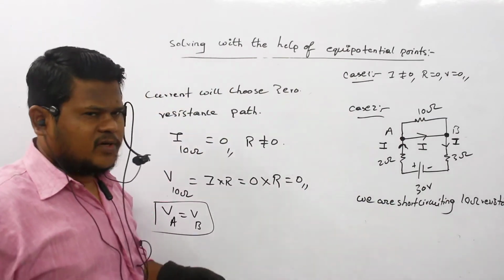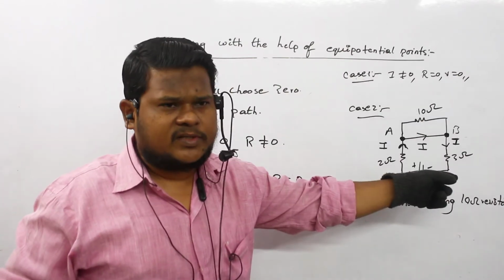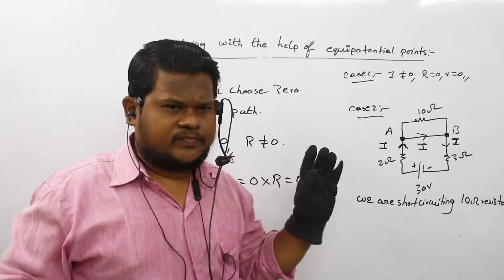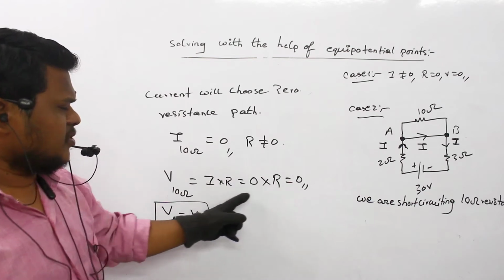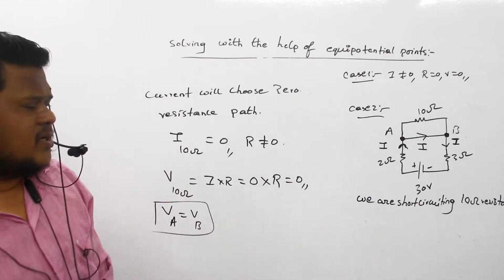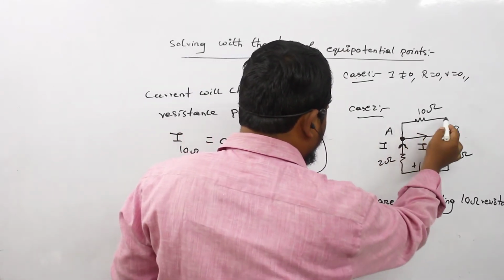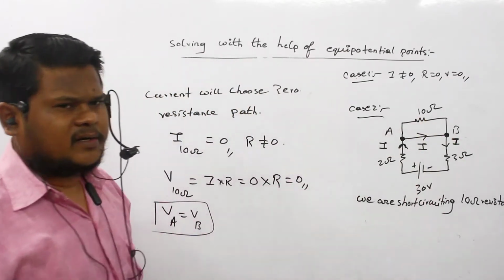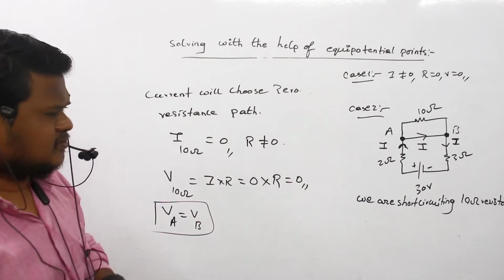In the second condition, current is not flowing through the resistor, but resistance is not 0. Current is 0, resistance is not 0, but still the potential difference, the product of I into R, becomes 0. So definitely I can say these points A and B, which are connected to the 10 ohms resistor, are at the same potential. Have you understood the difference in both of them?